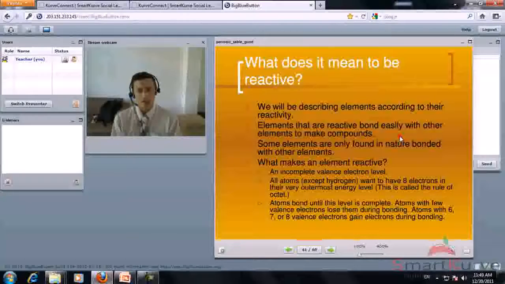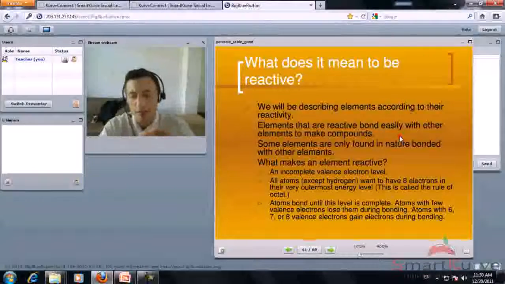We know that, for example, water is a compound with 1 oxygen atom and 2 hydrogen atoms. Salt is a compound we're going to talk about with 1 sodium atom and 1 chlorine atom. Some elements are only found in nature bonded with other elements.